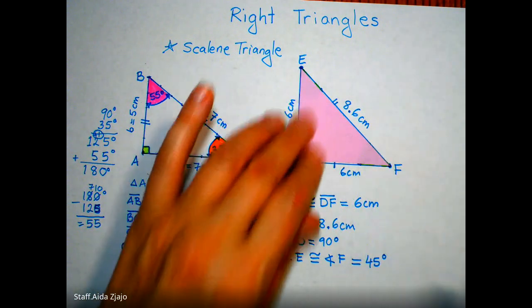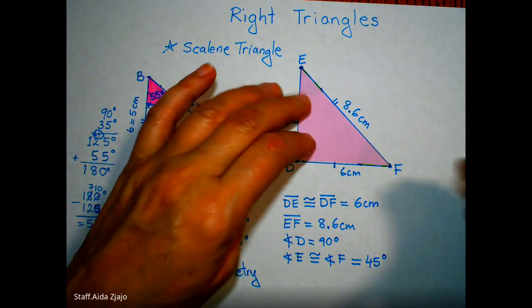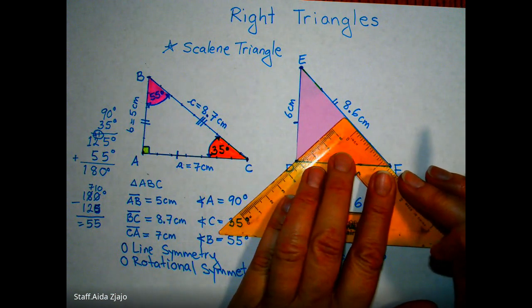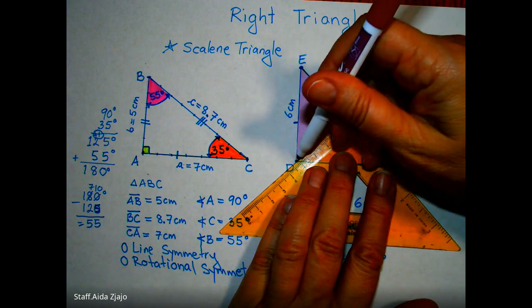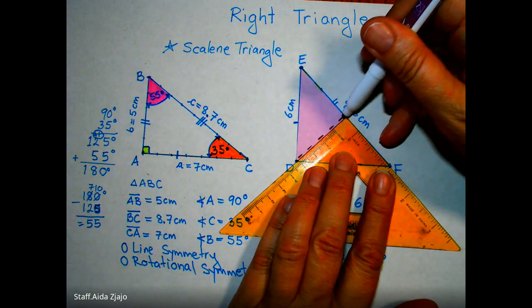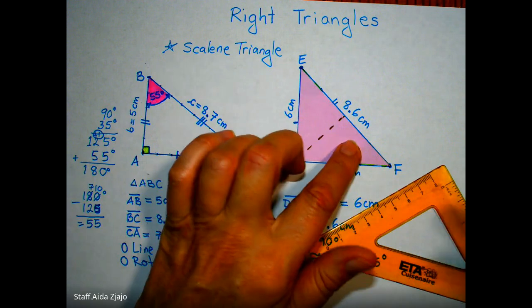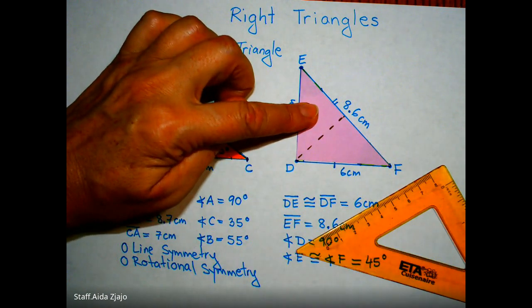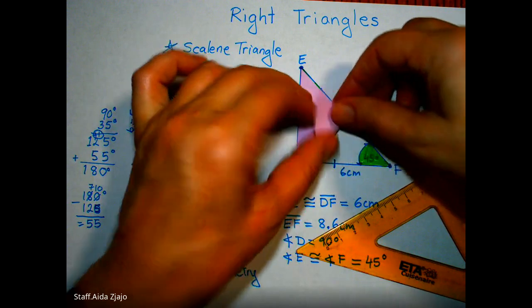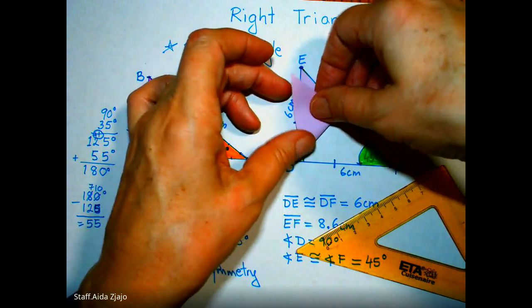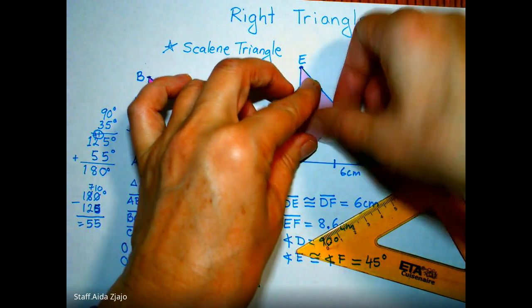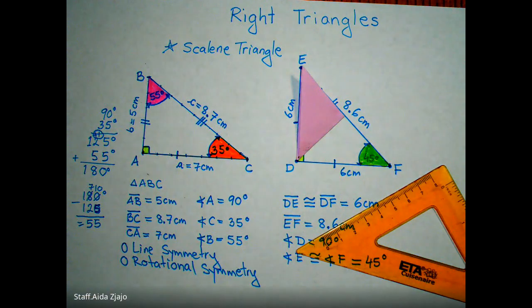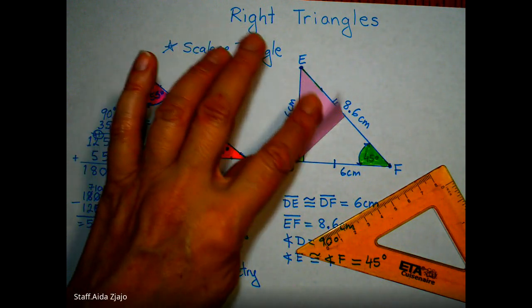So this is the same right triangle, so the line of symmetry would be right here, because I will create two equivalent smaller triangles when I cut in the middle, and then they will perfectly fit. If I fold it in, there they will be. And that is actually the height of this right triangle.